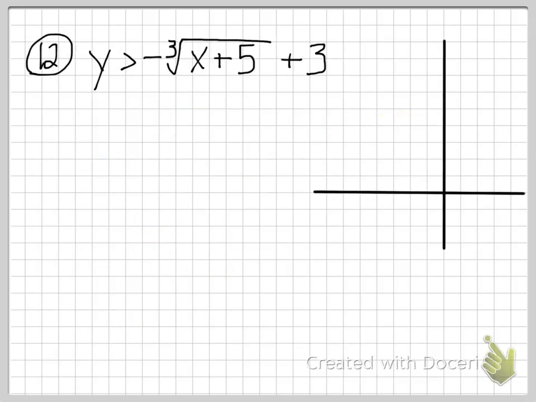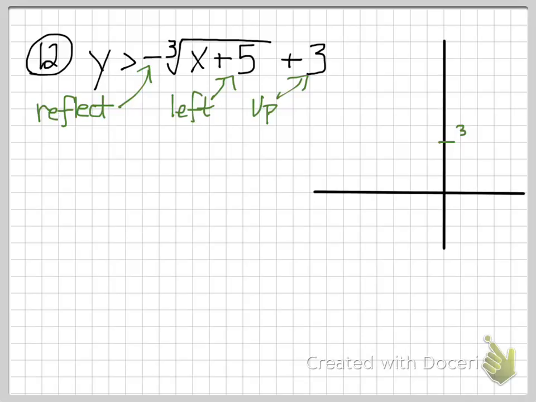Number 12. We have what kind of root? Cube root. What's the transformation? The negative out front tells me it will reflect. The 5 tells me it's moving to the left because of the sign. The 3 is positive, so it's going to move up.